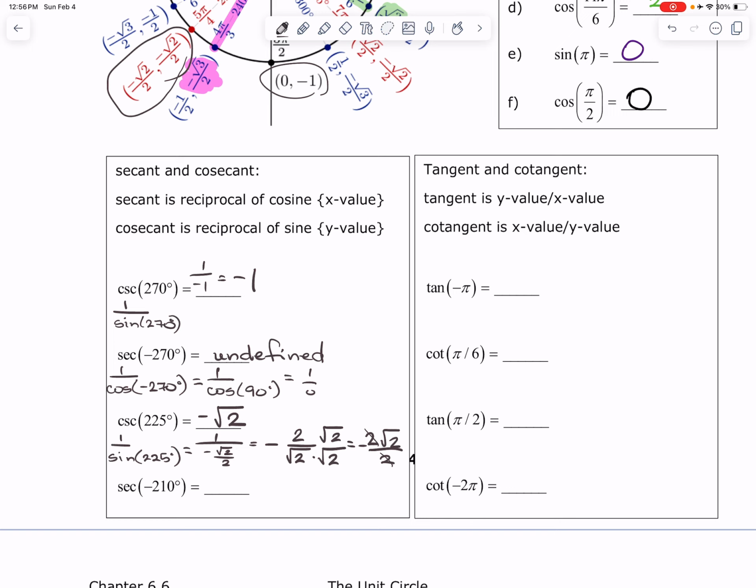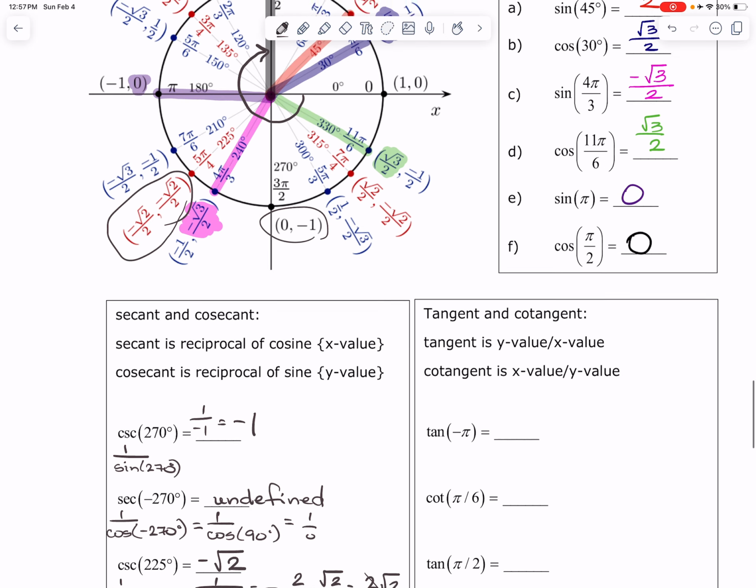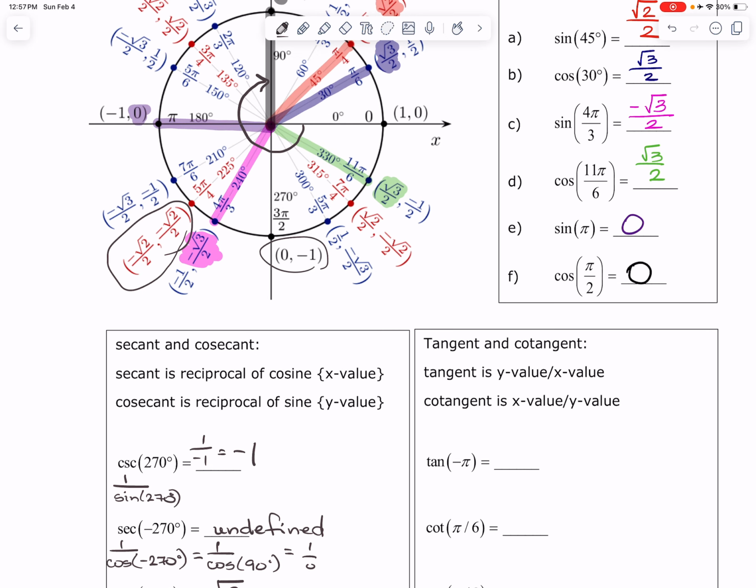And then the secant of negative 210. Secant is 1 over cosine, negative 210. So wait, this one was negative 270. Let's label that. Negative 210. There's my 180, 30 more.